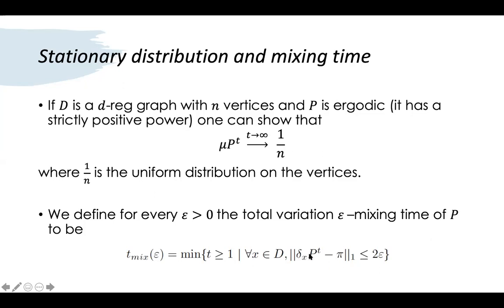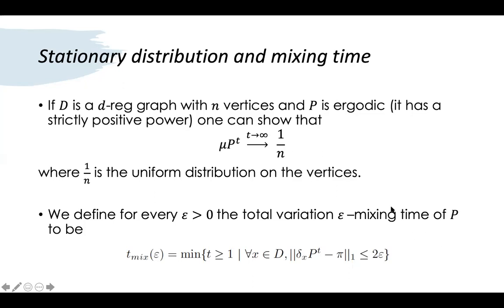If you do this process t times, and then you subtract pi, here it is 1 over n, the uniform distribution, and you check the one norm of this distribution, it is smaller or equal to 2 epsilon. The 2 here is just some normalization because I took the one norm.